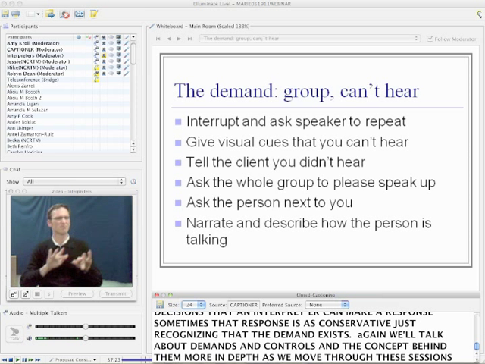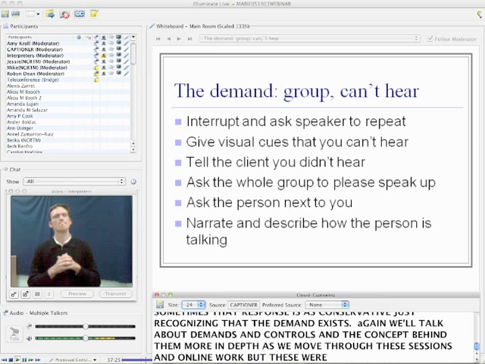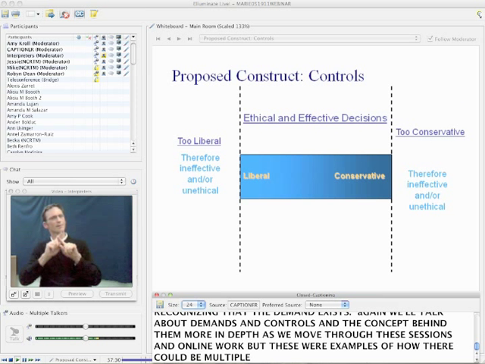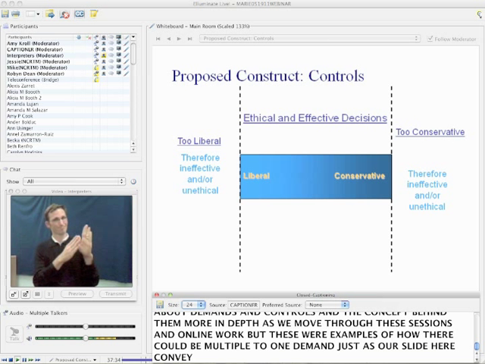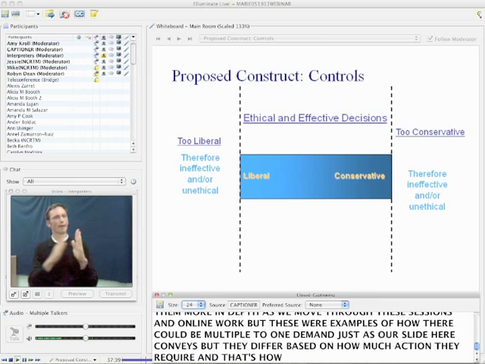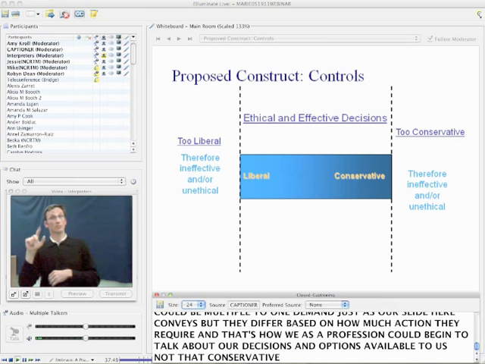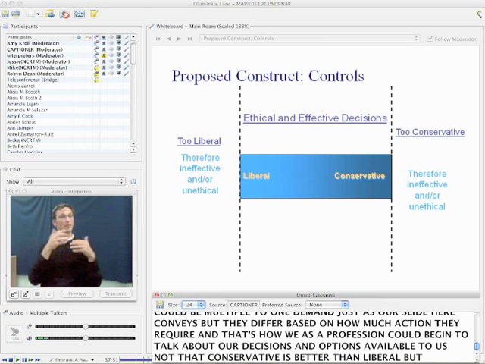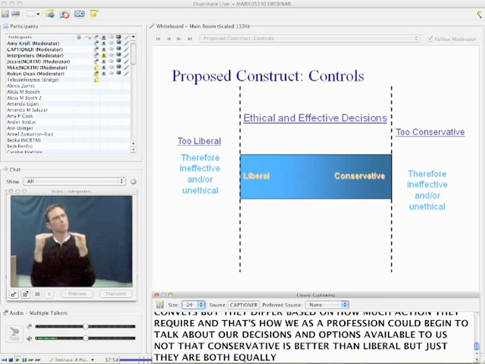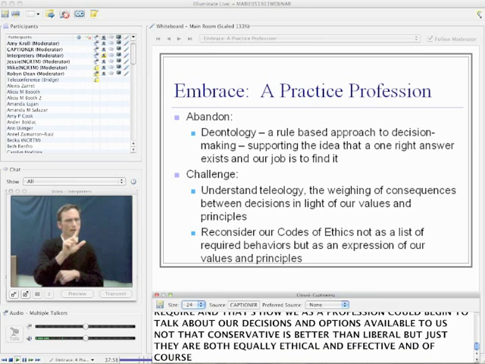But these were examples of how there could be multiple right answers to one demand, just as our slide here conveys. But they differ based on how much action they require. And that's how we, as a profession, could begin to talk about our decisions and options available to us. Not that conservative is better than liberal, or not that liberal is better than conservative, but just that they are both equally ethical and effective, and of course that the danger exists on either end.